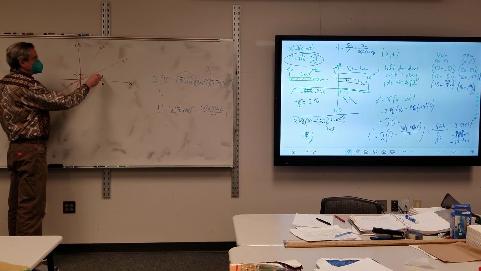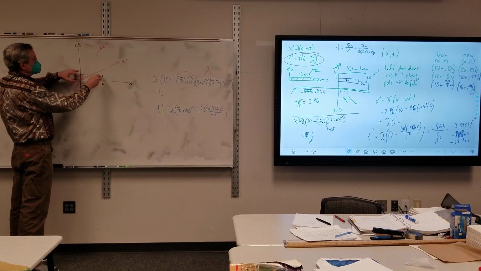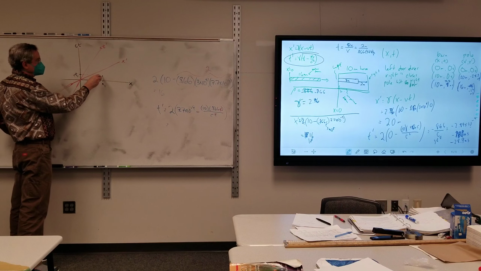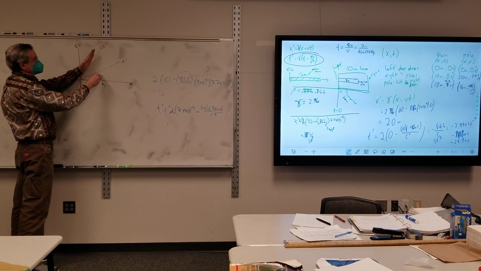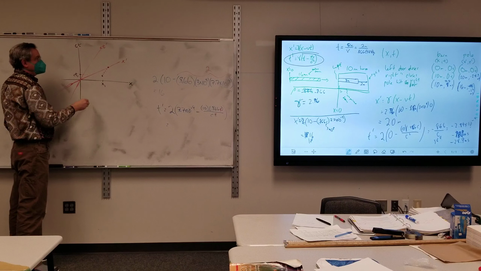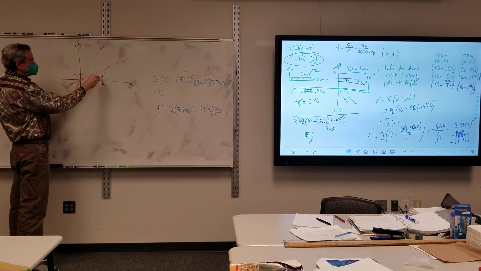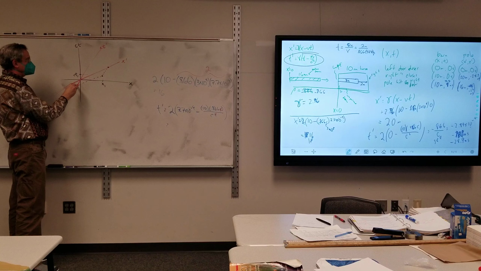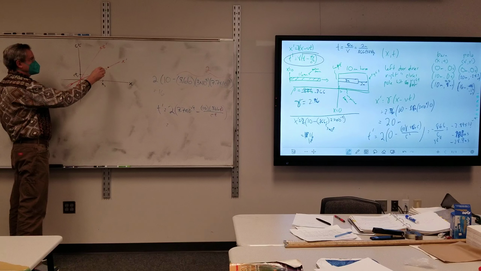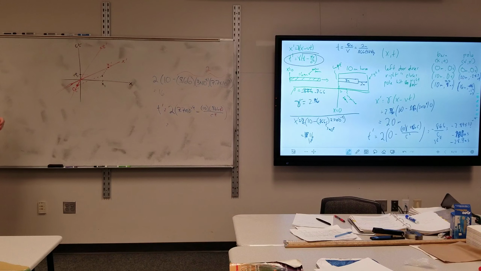So to figure out the position in the prime frame, I travel parallel to the other axis and see where it hits. And to know the time, I travel parallel to this axis. So this would be CT1 prime, and this would be X1 prime. And so we get this distortion here.